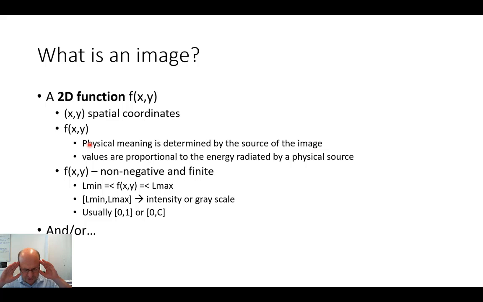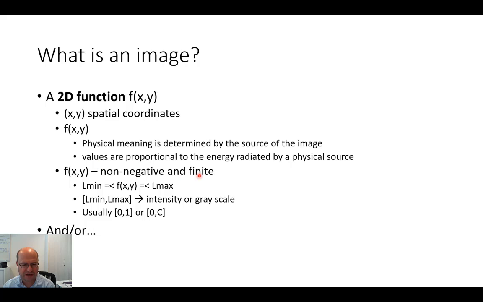So try to think about this in a broader sense, right? It could be any sort of physical intensity or physical quality or physical measurement stored in each pixel. And the values are proportional to the energy radiated by the physical source.